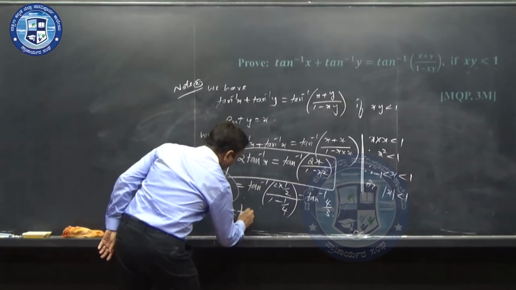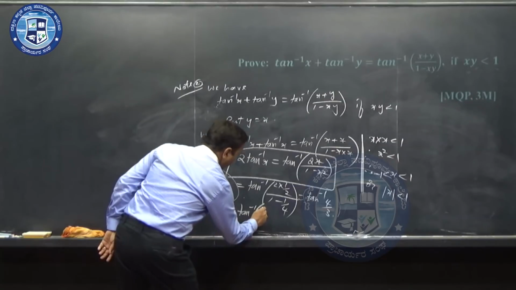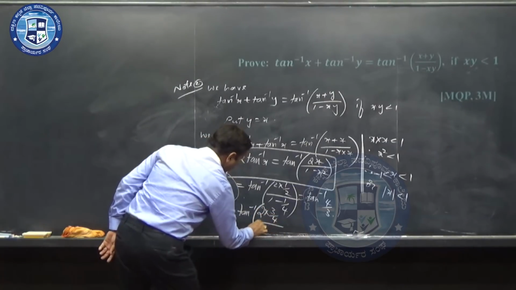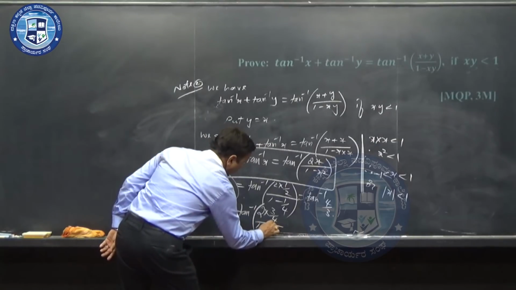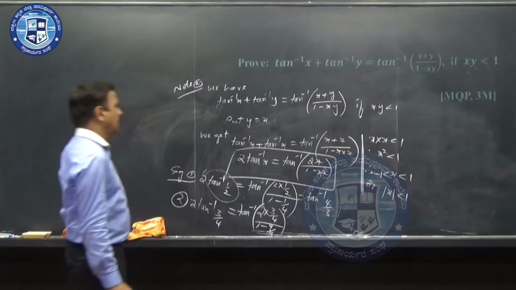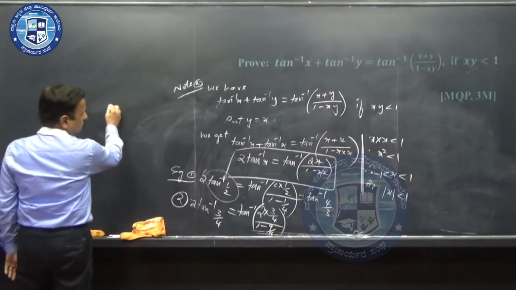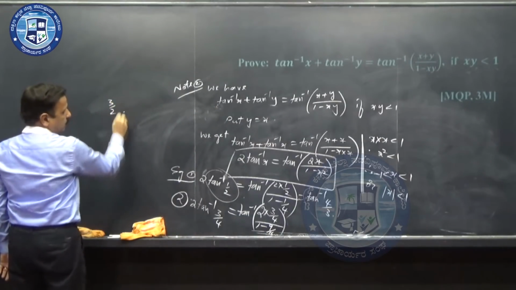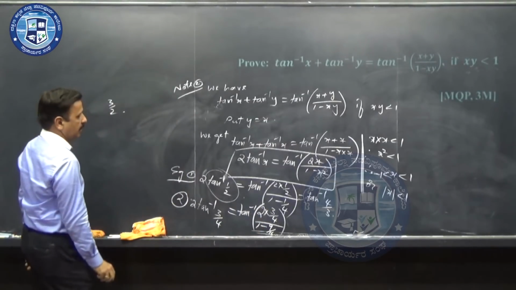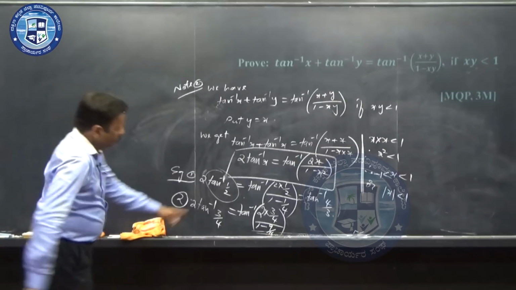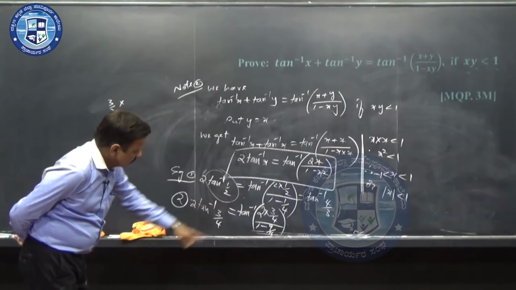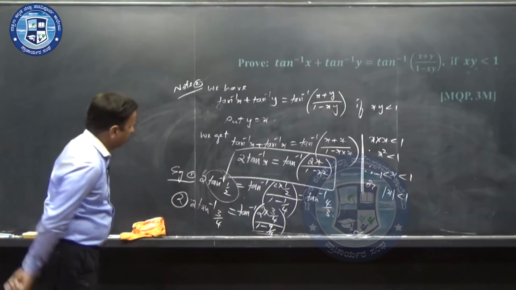That is equal to tan inverse of 2 times 3 by 4 divided by 1 minus 9 divided by 16. So, how much are you getting? The numerator, 2 into 3 by 4, will be 3 by 2, into, you have got 1 minus 9 by 16, 16 minus 9 is 7.